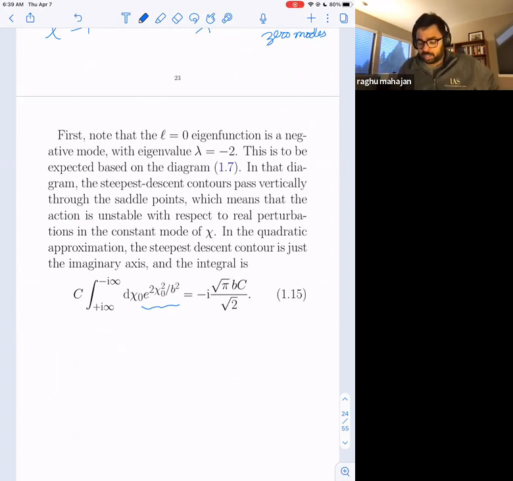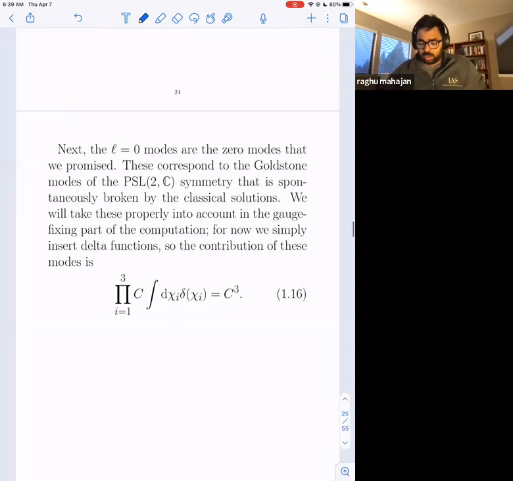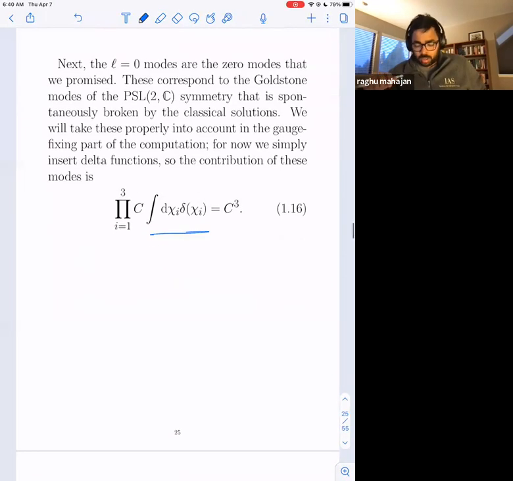So it's actually a convergent integral, and we have an I here from just d chi being proportional to I. The 0 modes we deal with by the Faddeev-Popov gauge fixing. That just means we're not really supposed to integrate over them. So we just put a delta function for those and deal with them later when we do step 3 of fixing the gauge group. Okay, so that's about L equals 0 and L equals 1.